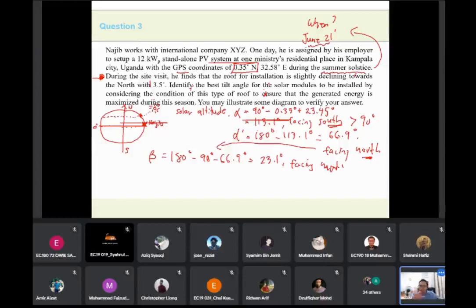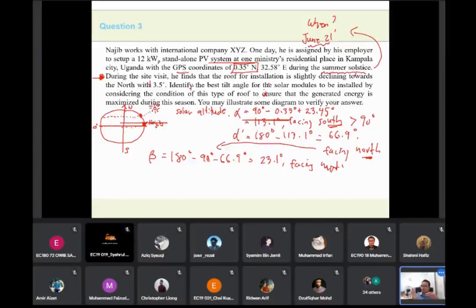During the site visit, he finds that the roof for installation is slightly declining towards the north with 3.5 degree. This means the solar module is installed on top of the roof, but that roof may be a tilted roof already, declining towards the north.